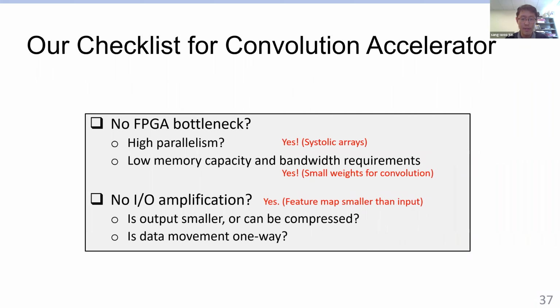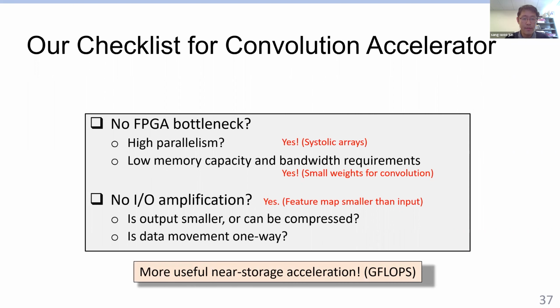Typically, this is true because the feature map connection between the last layer of the convolution and the first layer of fully connected layers is typically much, much smaller than the input. So only offloading the convolutions may be a more useful use of near storage acceleration from the point of view of gigaflops per accelerator.